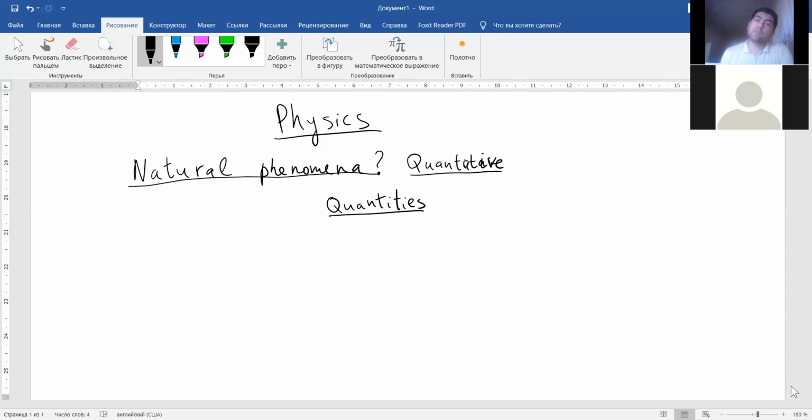For example, velocity, distance, time, mass, length, force, acceleration.